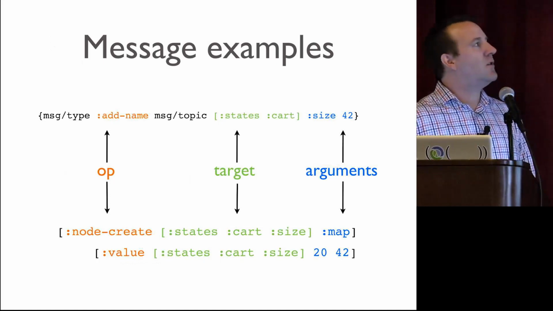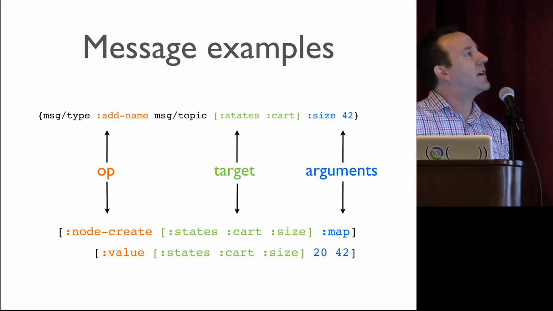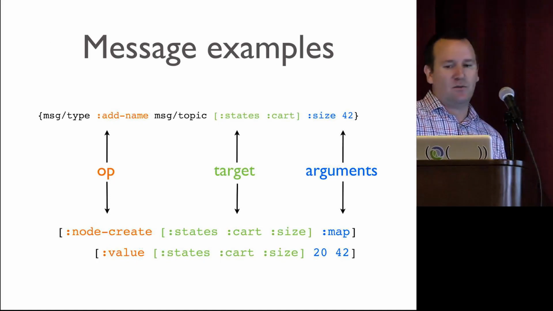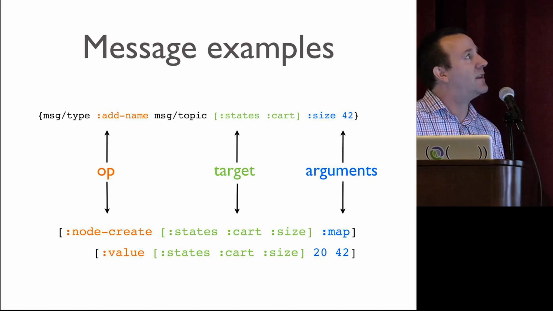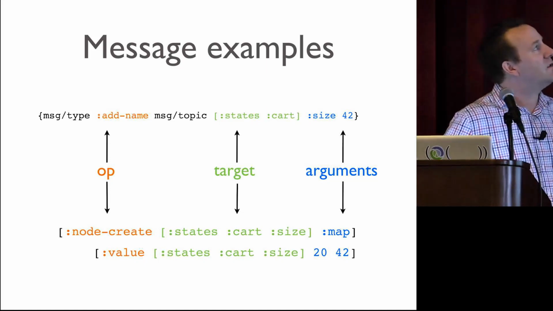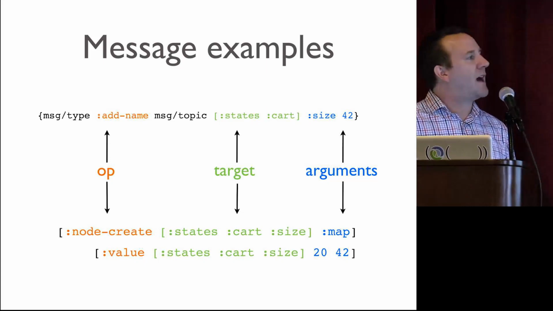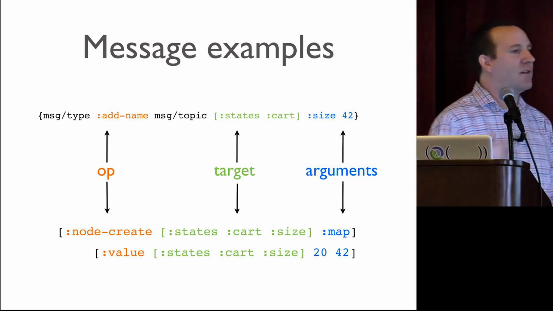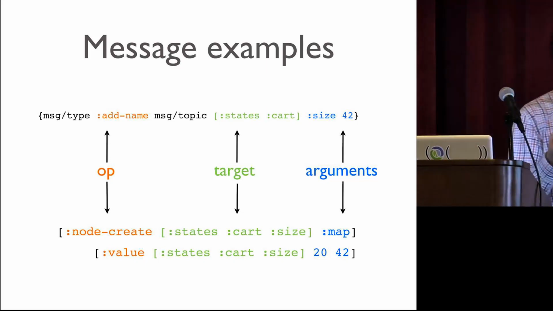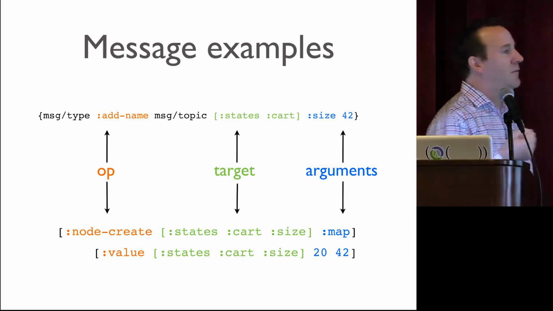I just wanted to show you an example of the kinds of messages that we would use. I'm not going to go into the details of these messages, but I just wanted to give you an idea of what they look like. The top message is the kind of thing that we would send into our application, and the bottom 2 are the kinds of things that might go out to the renderer. And these would be mapped to functions which perform some small change in what we're rendering.